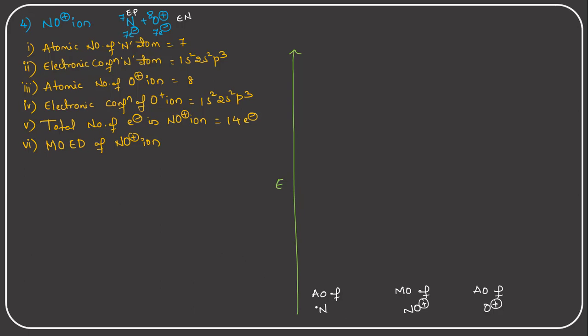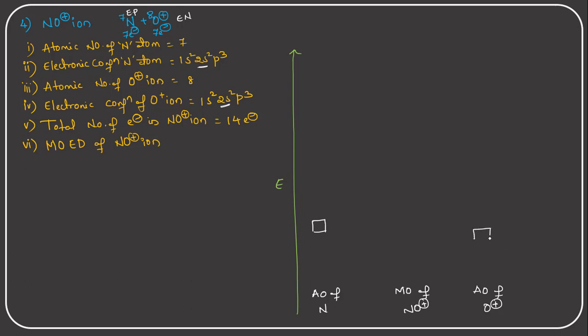And in the atomic orbitals of nitrogen, this 2s2 orbital is merging with the 2s2 orbital of the oxygen plus ion, right? This nitrogen atomic orbital has a little higher energy than the oxygen.